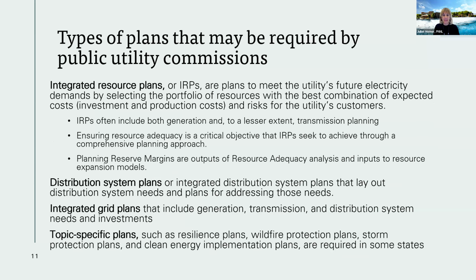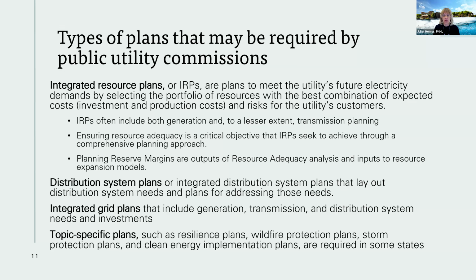The types of plans that may be required by public utility commissions include integrated resource plans, or IRPs. These are plans to meet the utility's future electricity demands by selecting a portfolio of resources with the best combination of expected costs and risks. And when we talk about costs in IRPs, this includes both the investment costs of the new capital assets that need to be constructed, but also production costs or operating costs, fuel costs, and things like that.